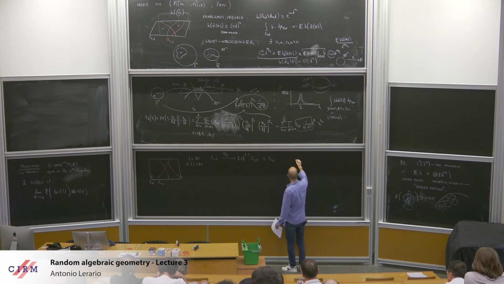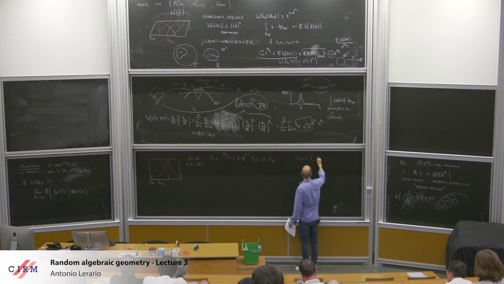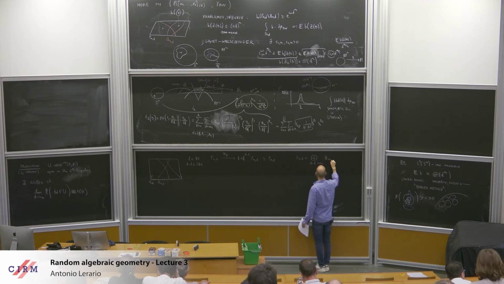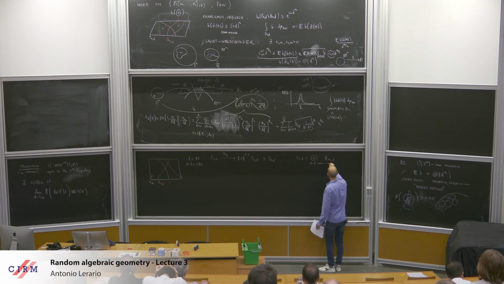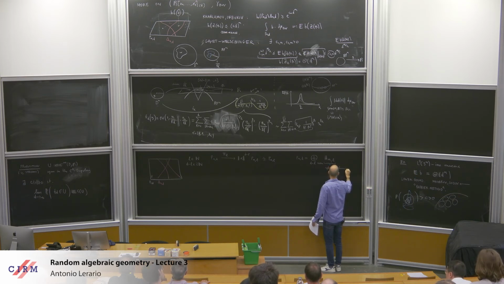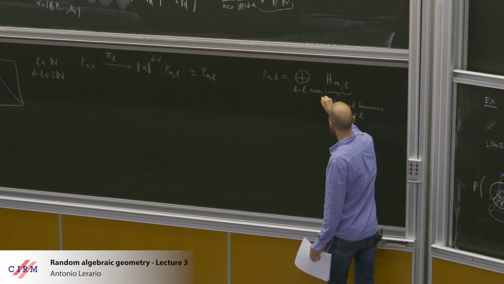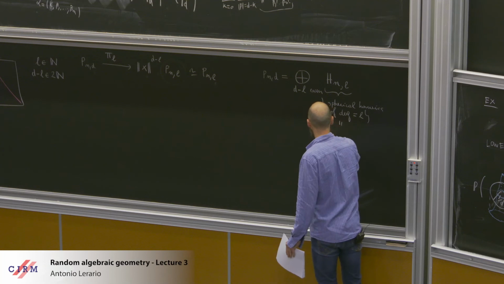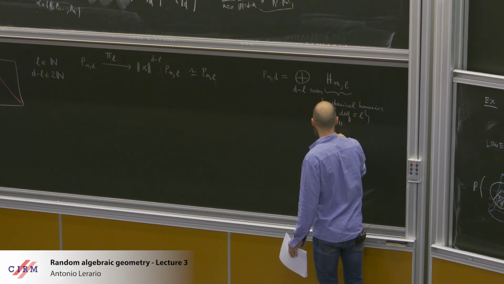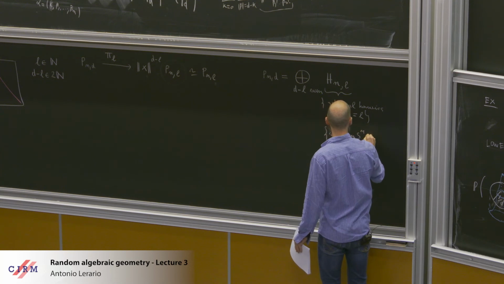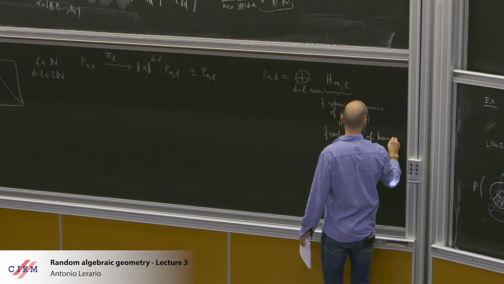Then my claim is that this space decomposes as a direct sum of these spaces H, n, L, the so-called spherical harmonics of degree L, which is the same space as the restriction on the sphere Sn of harmonic polynomials of degree L.